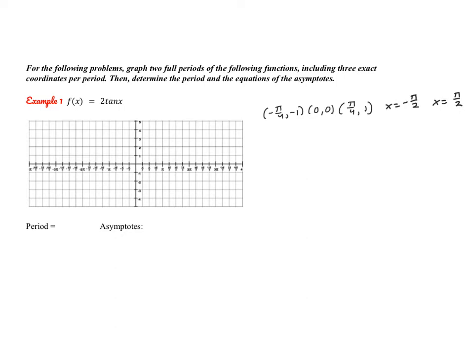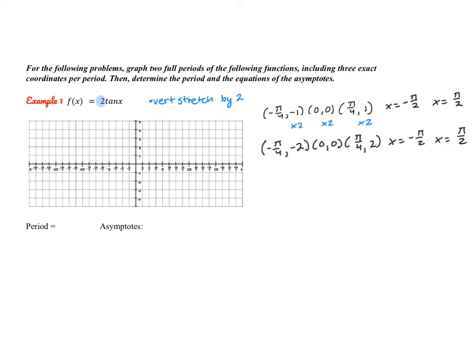The only transformation we have in this case is a vertical stretch by a factor of 2. So we're going to multiply all of our y values by 2. Since this is a vertical transformation, it is not going to affect our asymptotes, so those are going to remain unchanged. Our new points are going to be negative pi over 4, negative 2, 0, 0, and pi over 4, positive 2. And again, our asymptotes are going to stay in the same spot.